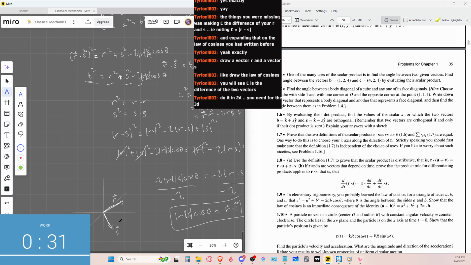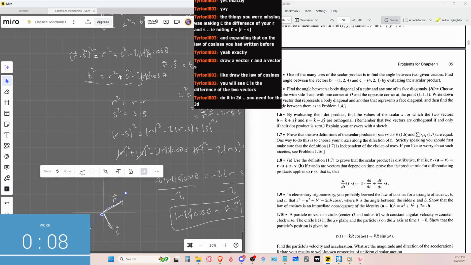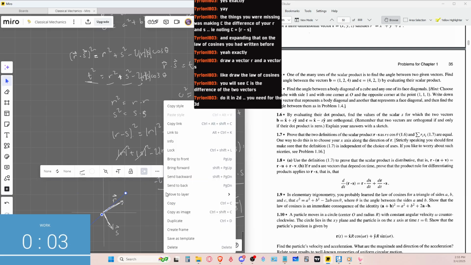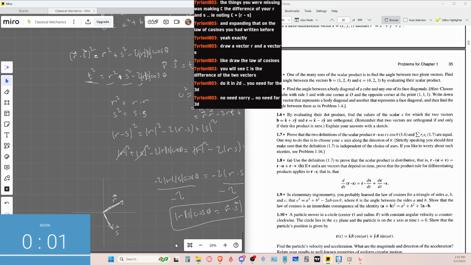You will see the difference. C is different. Do it in 2 dimensions; you'd need it for 3 dimensions. So I think we can just take away, click this, delete that then.